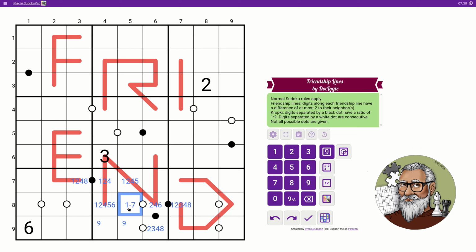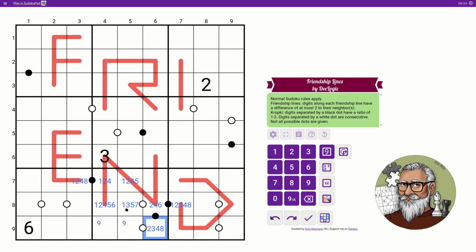I mean, this is not completely true, right? There's no 2 here. There's no 4 or 6. It's 1, 3, 5, or 7. But can this not be 8? Yeah, I guess. But then it has to be 3, right?